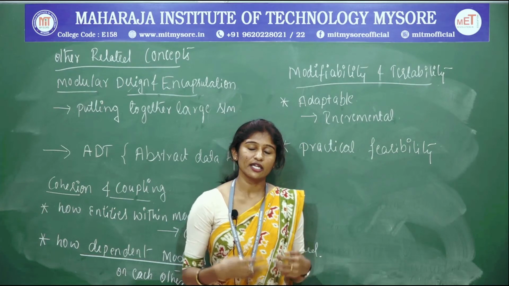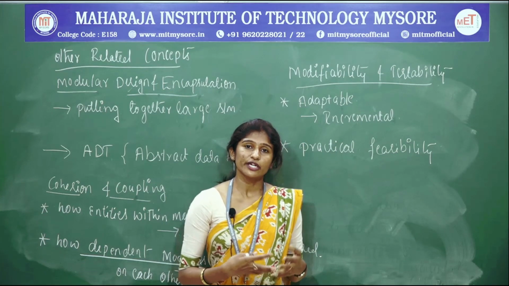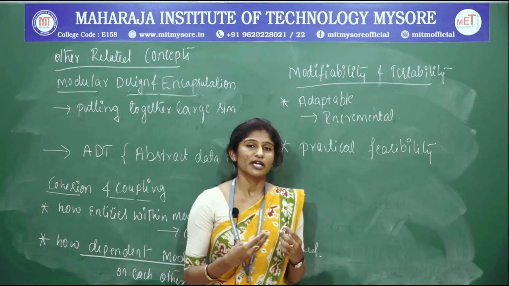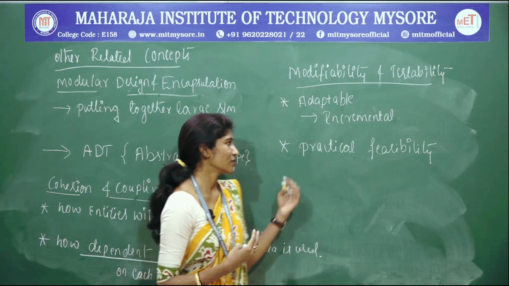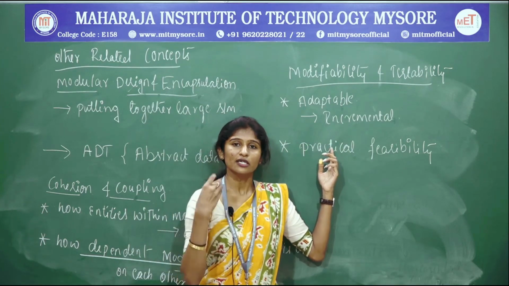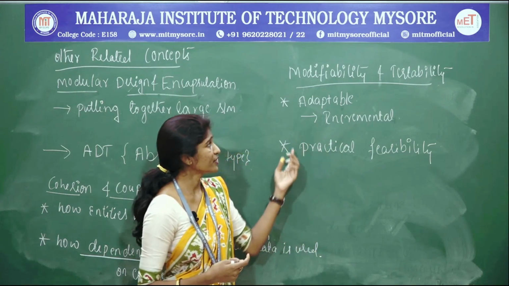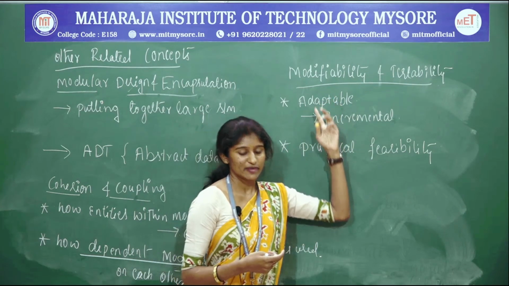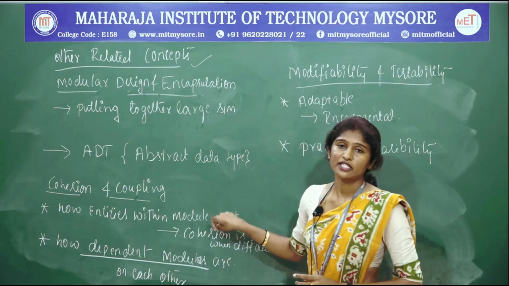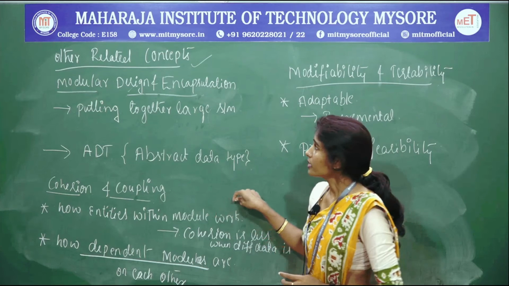After writing any program or software, you need to verify it by using the practical application. Check it with the feasibility of the same procedures or software. That is the definition of testability and modifiability. It comes in other related concepts. This can be asked for 1 mark or 2 marks.